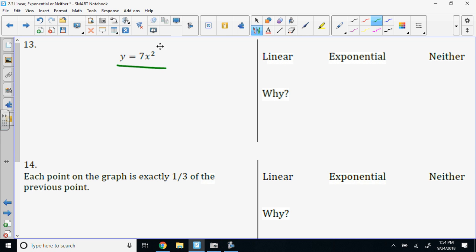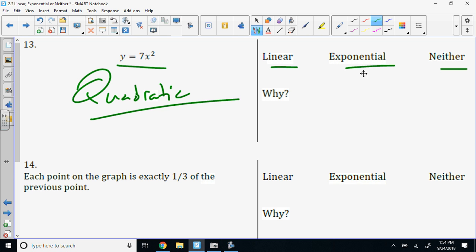y equals 7x squared. Is it linear, exponential, or neither? That's quadratic. It's neither.